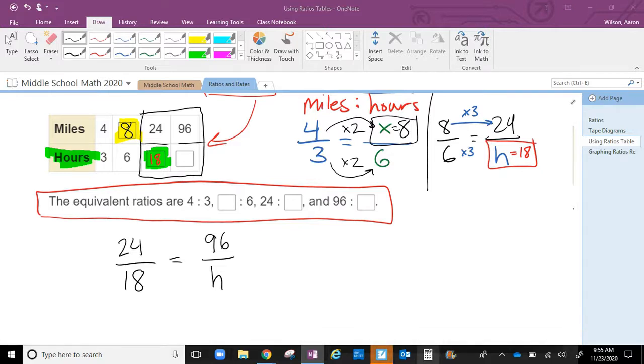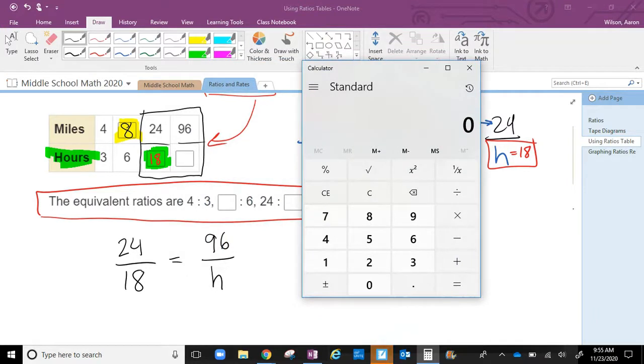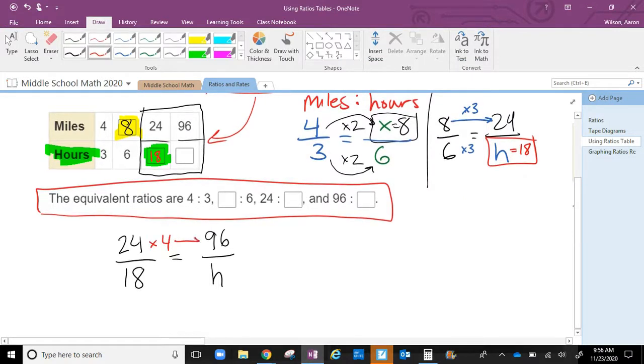Let's go ahead and pull up the calculator. I wonder if 24 goes into 96 evenly. I think it does, and we can do this by doing the inverse operation of 96 divided by 24. It's 4. So what that means is it is 24 times 4 gives me 96.